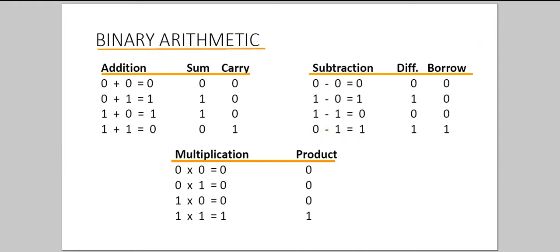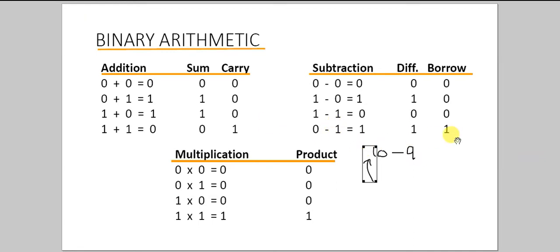Let me just show you here. Suppose we subtract these two numbers, 0 minus 9. We have to take 1 borrow from the next number, which makes it 10.